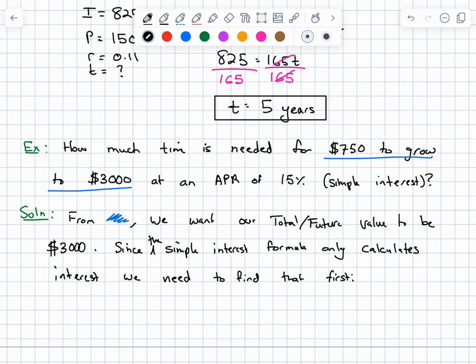It gave us the total amount at the end of your investment period. You want that $750 to grow to $3,000. So what's the interest then?